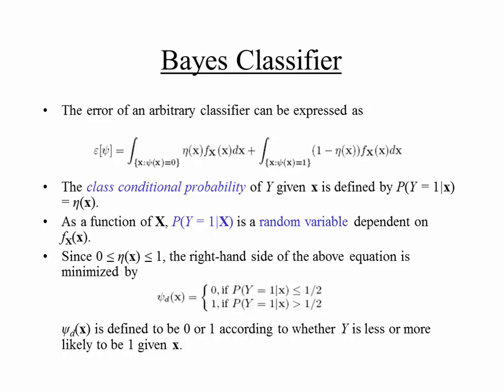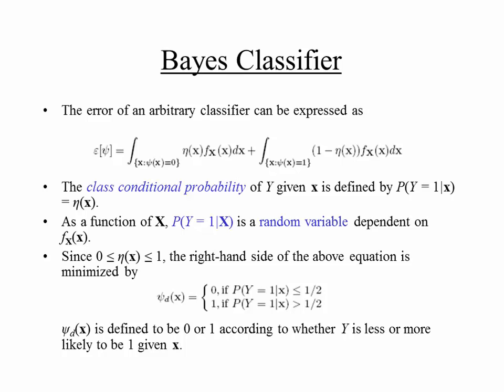So if I integrate this over all x such that the class label the classifier is spitting out is 0, then this basically gives you one type of error, where really the probability that y equal to 1 conditioned on x is different from 0, and I am actually spitting out a class label of 0.